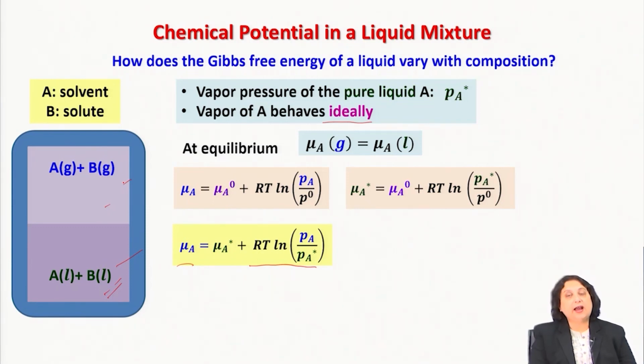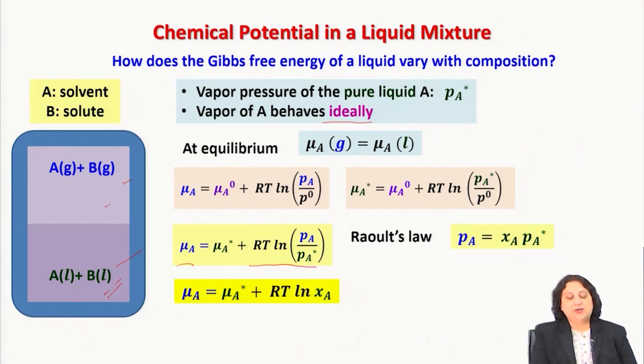Now, if I have an ideal solution, then I expect that the solvent will also obey Raoult's law, and therefore I can replace this expression PA by PA star by the corresponding mole fraction of the solvent in the solution.